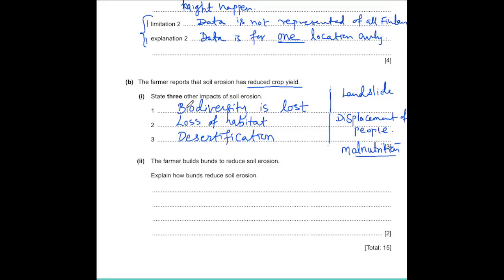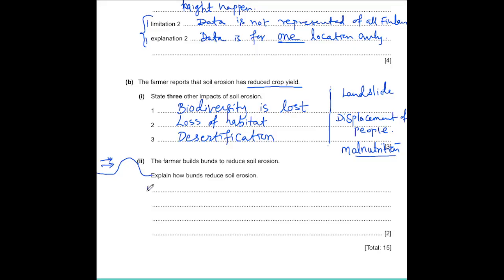Okay, next one, the farmer builds bunds to reduce soil erosion. Bunds are something we create over the farm this way, so that the wind strength is reduced. In this way the soil erosion is minimized. Now explain how a bund reduces soil erosion.